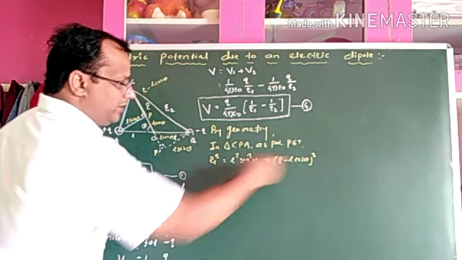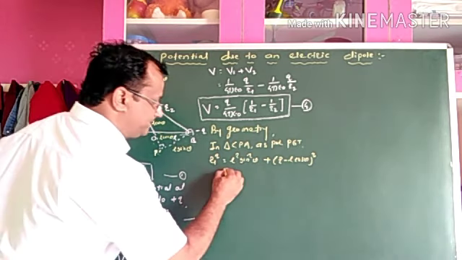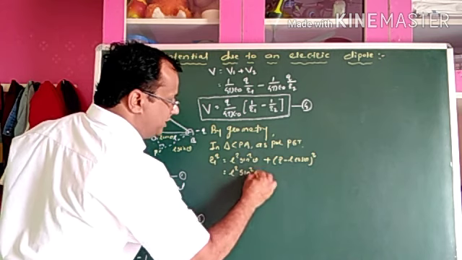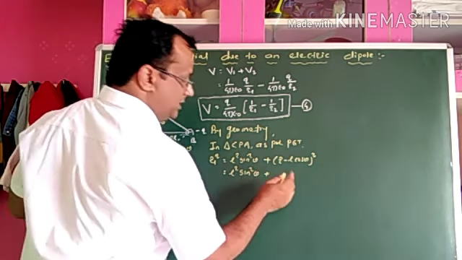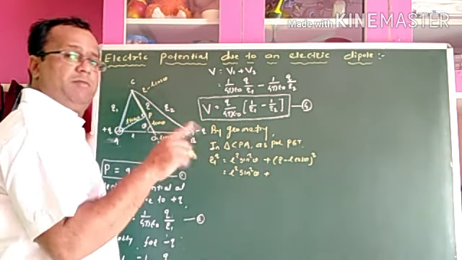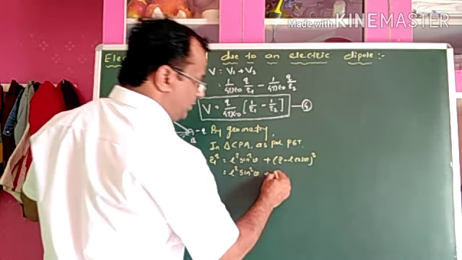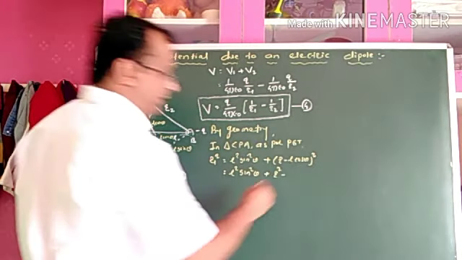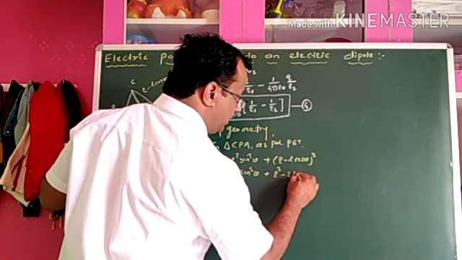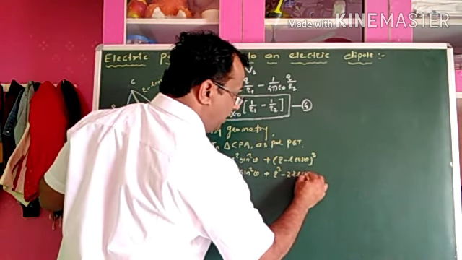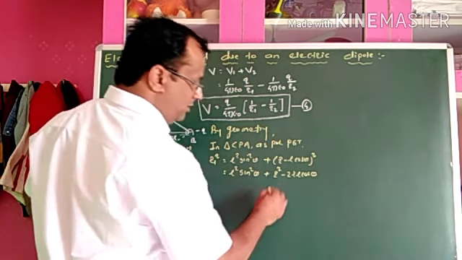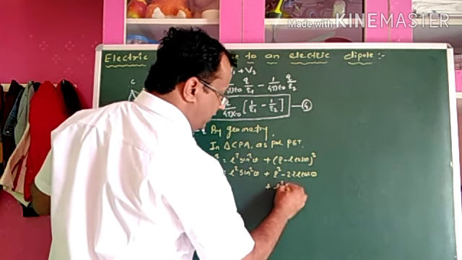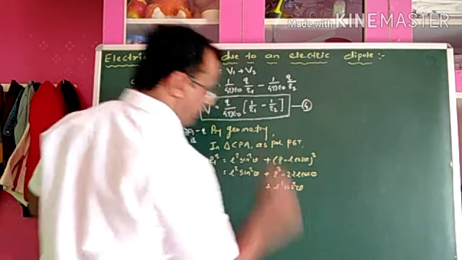Right? If we expand this one, it is equal to L square sin square theta plus, just like we treat A minus B bracket square, A square minus 2AB, that is 2RL cos theta, then plus B square, that is L square cos square theta.